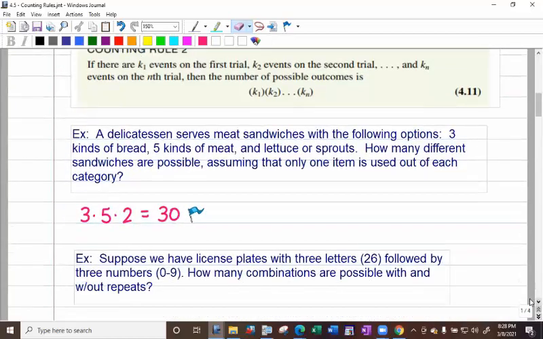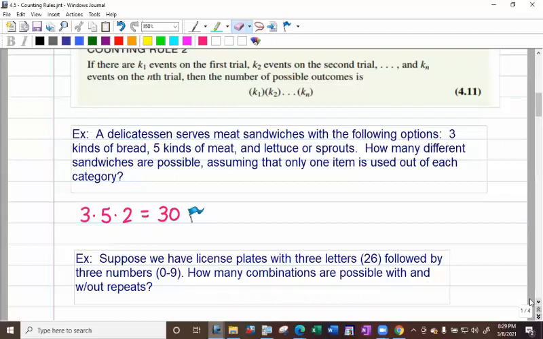Now, here's a sandwich shop, if you're going to get a meat sandwich or not, whatever. But just for this example, just kind of go with it here. Let's say we got 3 kinds of bread, 5 kinds of meat, and lettuce or sprouts. So be careful there because it's not using a number, but lettuce or sprouts implies 2 choices.